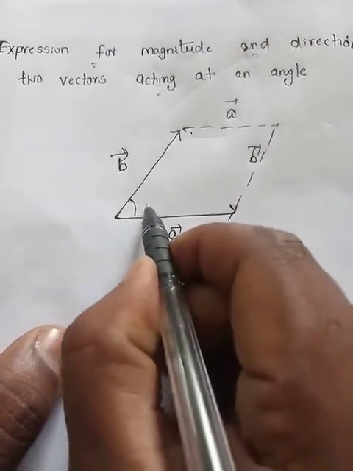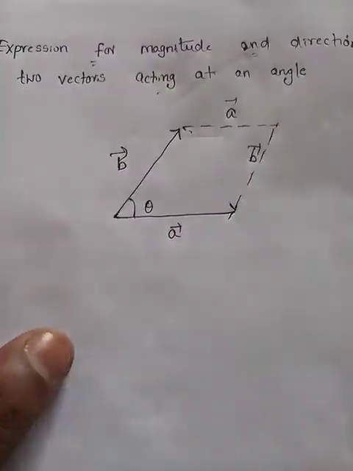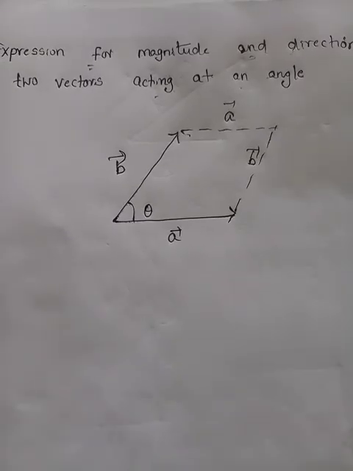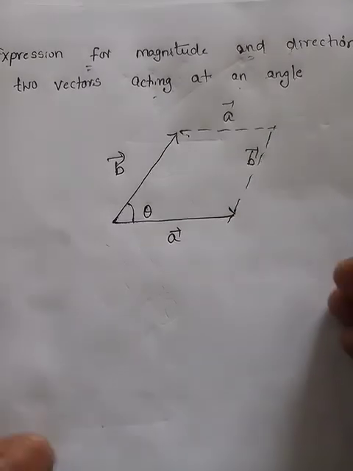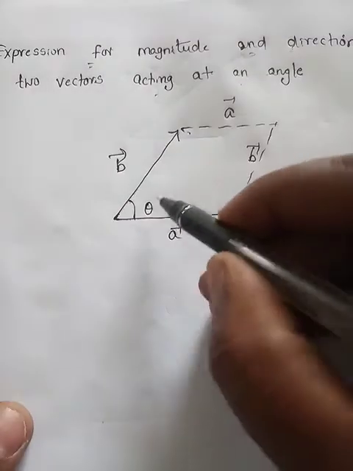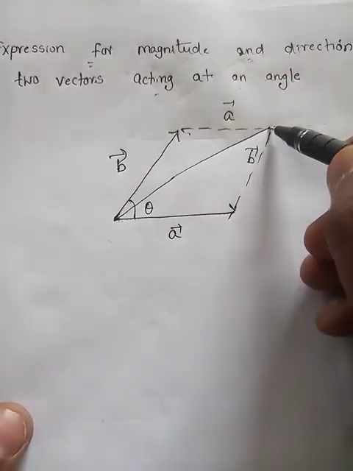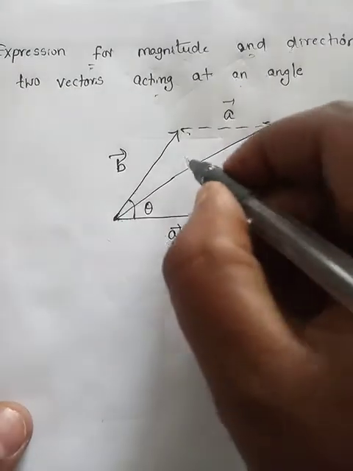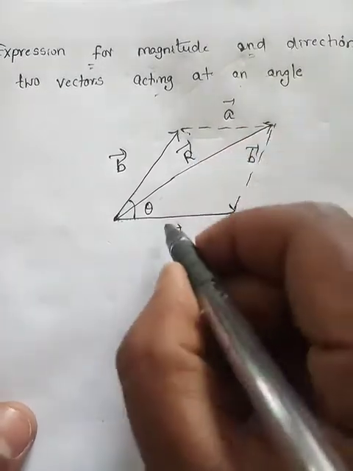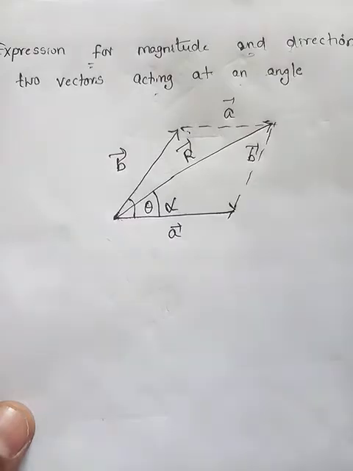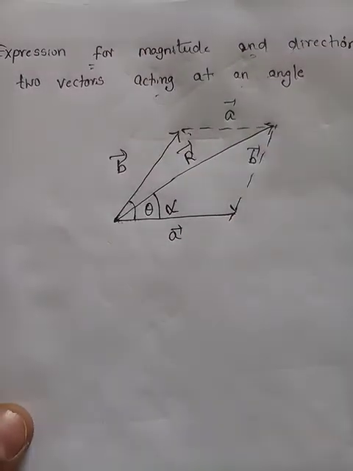The angle between the two vectors is theta. According to the statement, the diagonal passing through it gives the resultant vector. This is R bar. It is making an angle alpha with respect to A.